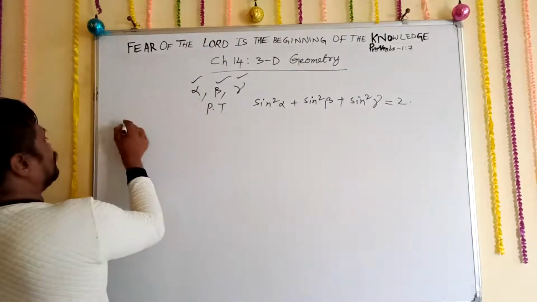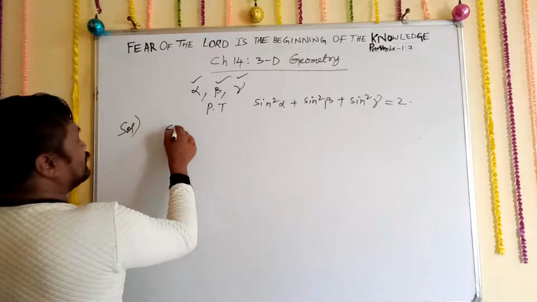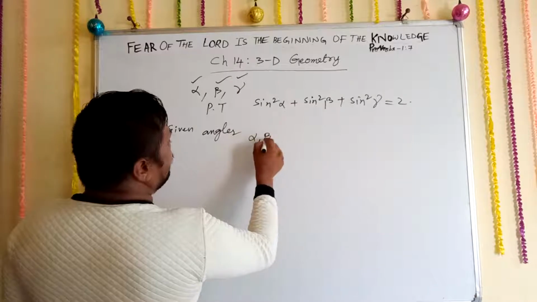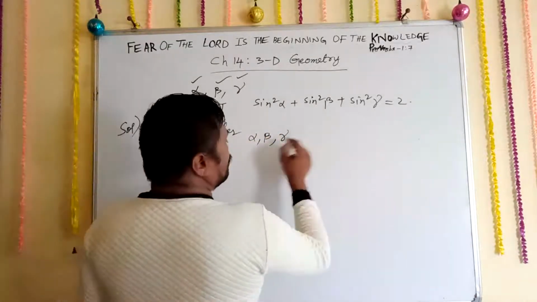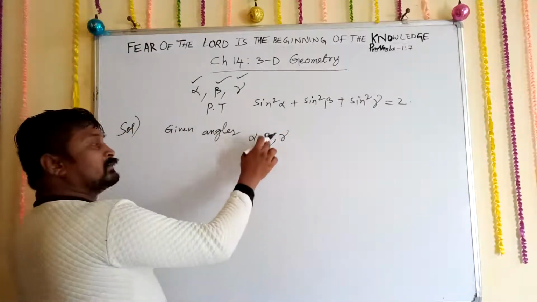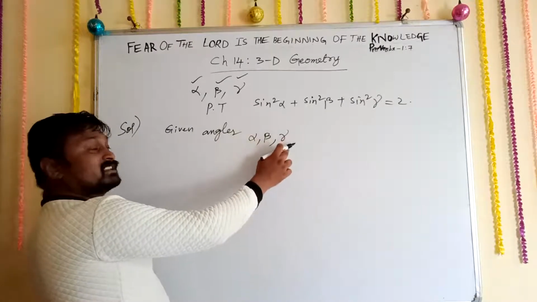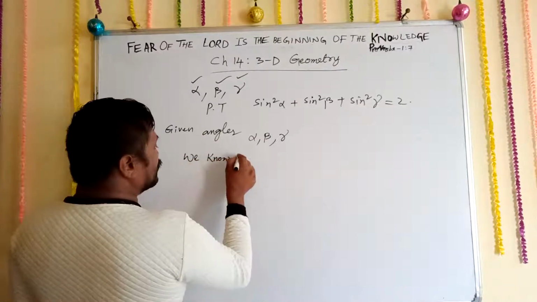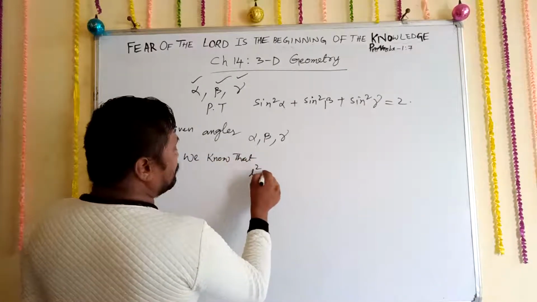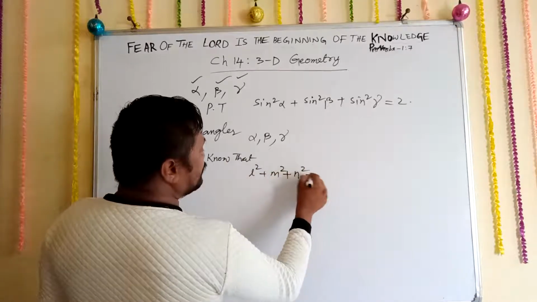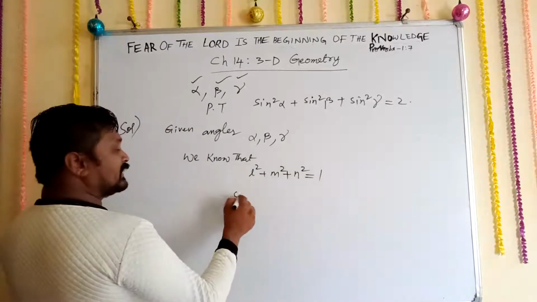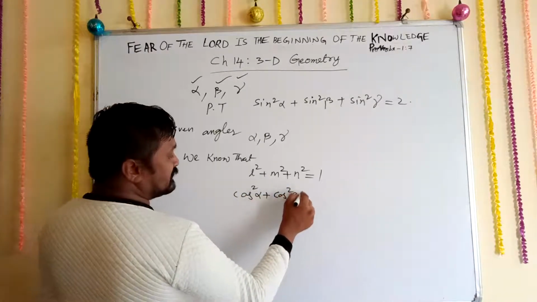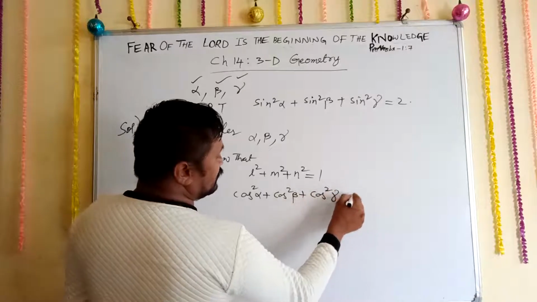So for the solution, given angles alpha, beta, gamma. That is for x-axis alpha, for y-axis beta, for z-axis gamma. So now we already know the relation: L square plus M square plus N square is equal to 1. And L means cos alpha, so cos square alpha plus cos square beta plus cos square gamma is equal to 1.